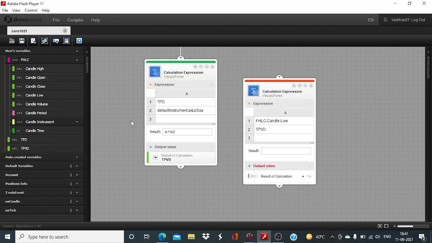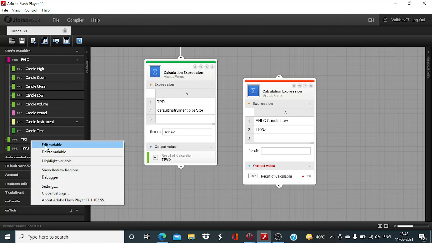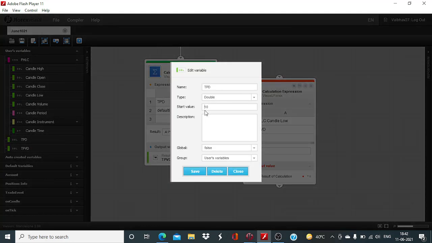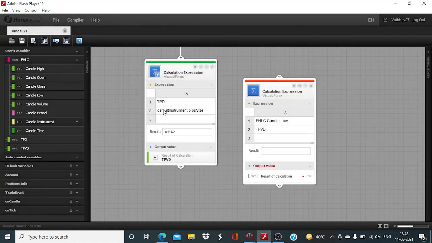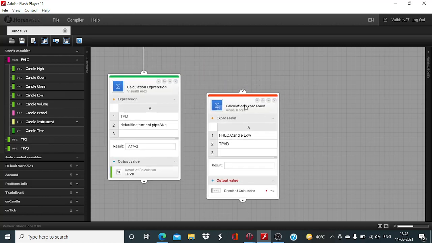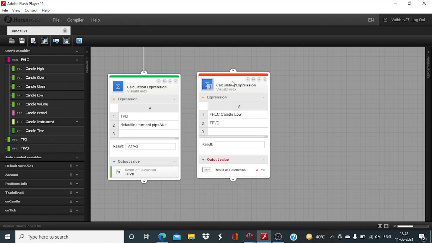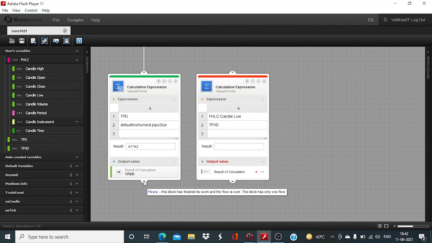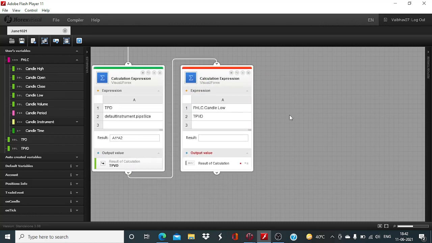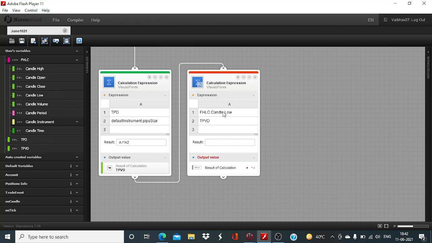Okay, this TPD is the variable having value of 10, and that has been multiplied by this default instrument pip size. We need to simply add these 10 pips to the candle low.